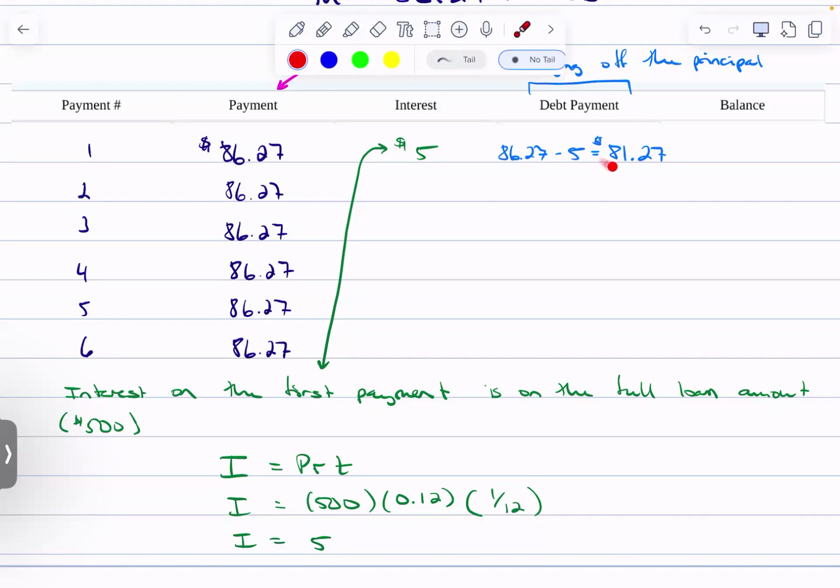So now you can chip away $81.27 from that $500, right? Which means the balance here is going to be 500 minus 81.27, which is $418.73.